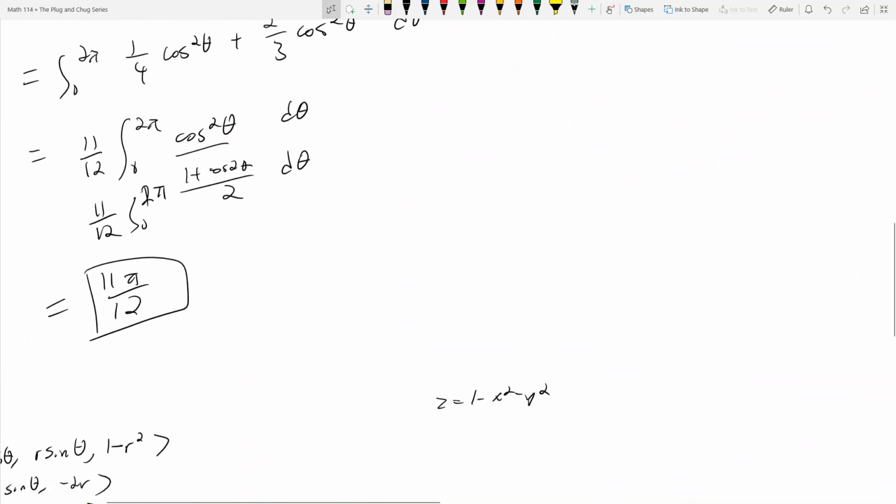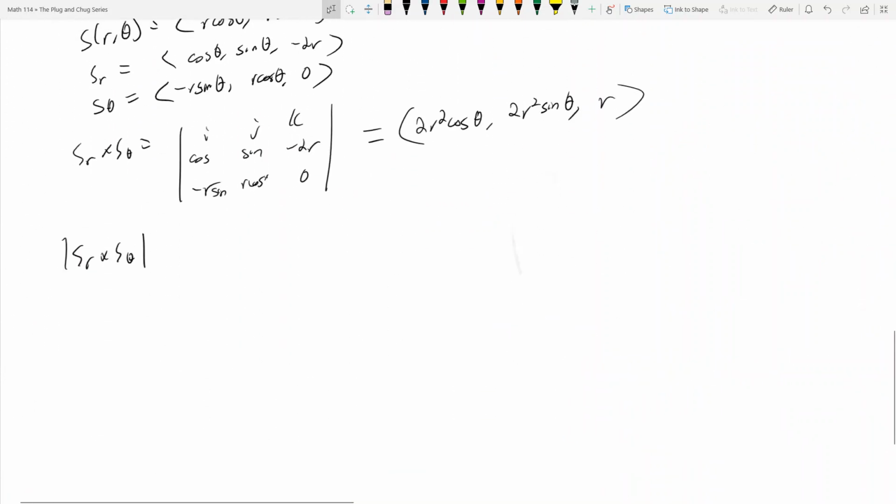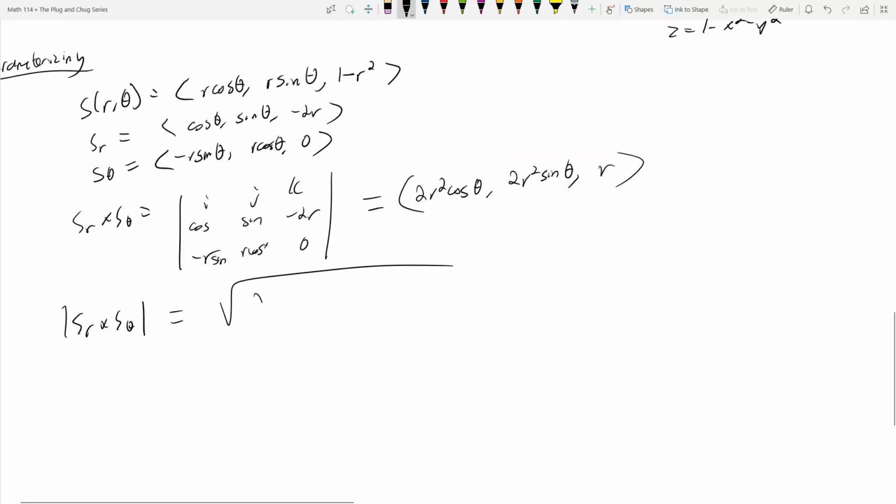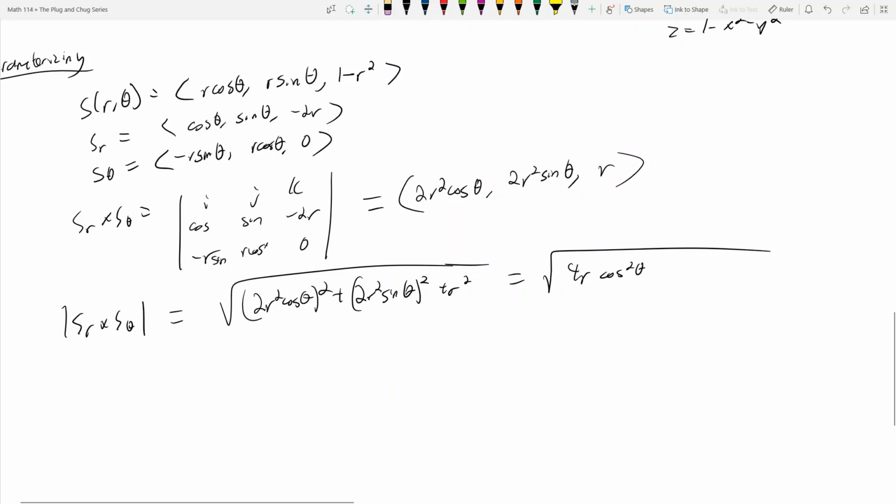So now I need to find the magnitude, which is the square root of 2r squared cosine theta squared plus 2r squared sine theta squared plus r squared. That is equal to 4r to the fourth cosine squared theta plus 4r to the fourth sine squared theta plus r squared.